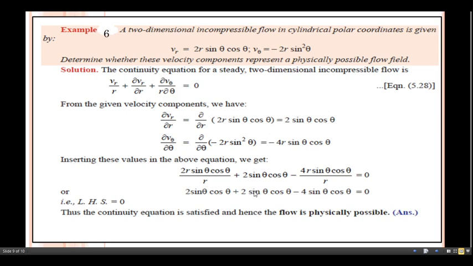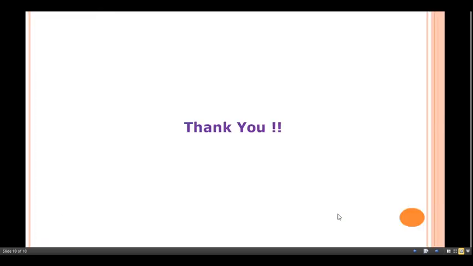So 2 plus 2 is 4, total four sin theta cos theta, minus 4 sin theta cos theta, means you can get 0. So here the LHS you can get 0. Thus the continuity equation is satisfied and hence the flow is physically possible. Thank you. Hope in today's lecture the problems on the continuity equation cleared you.